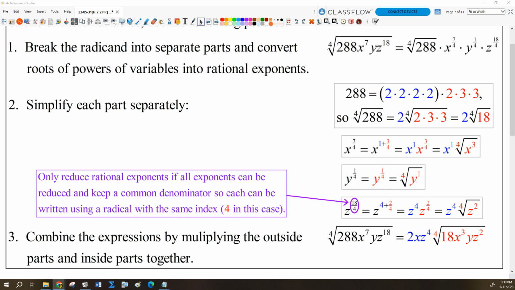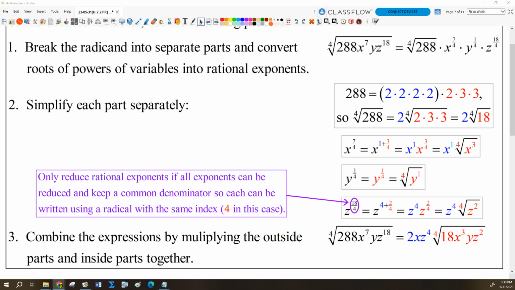Now it's a 2nd root or a square root. And I don't want to write it as a product of 2 separate roots. I want to write it as a radical of one radical, right? So I want to leave the denominators all the same. So what's your rule there? Your rule is only reduce rational exponents if all of the exponents can be reduced to the same denominator. If they all can, then that's fine, go for it. But if they can't, don't do it, right? You got to leave it as the original denominator, okay?